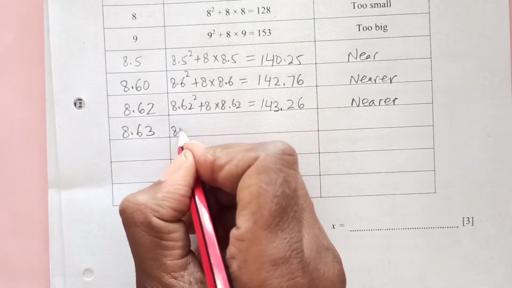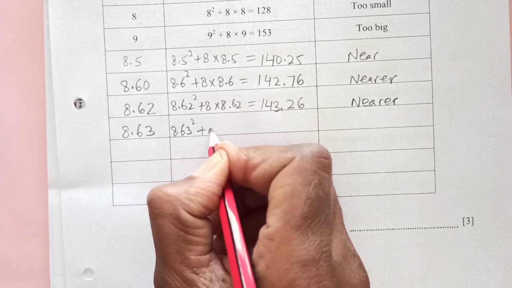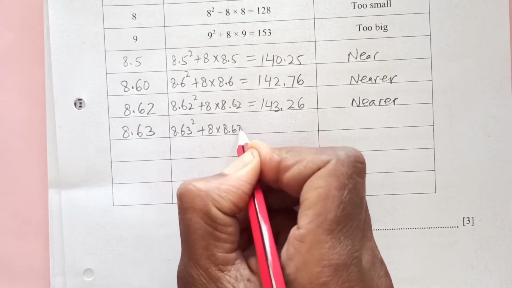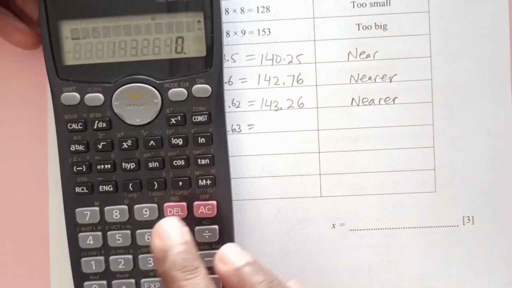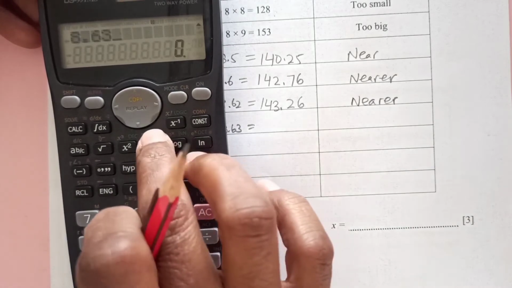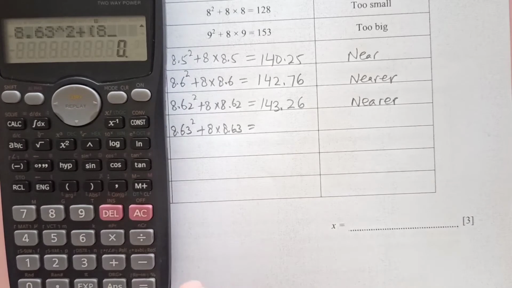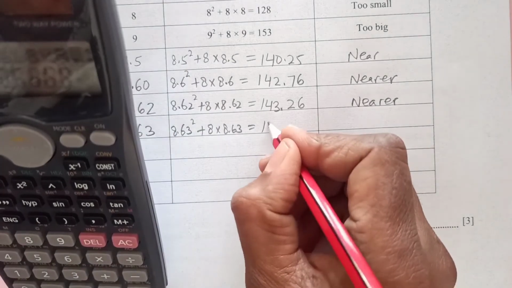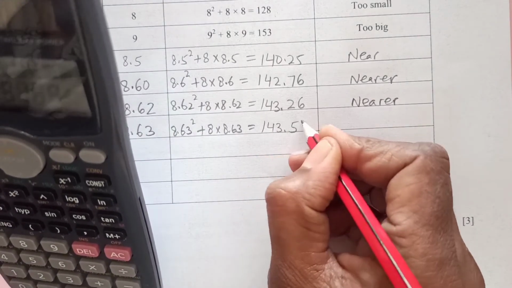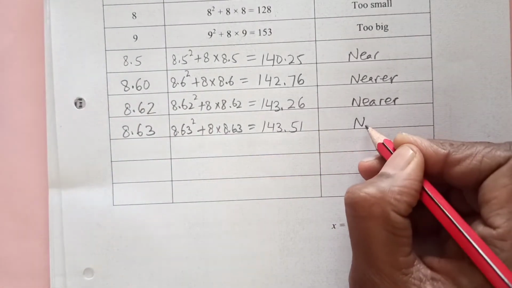So that will be 8.63 squared plus in bracket 8 times 8.63, which is 143.51. This is closer.